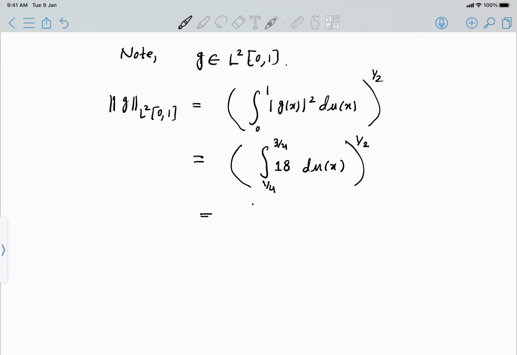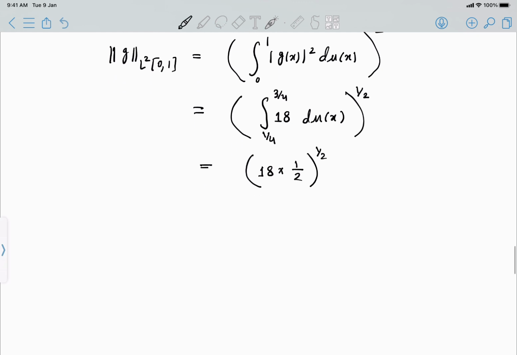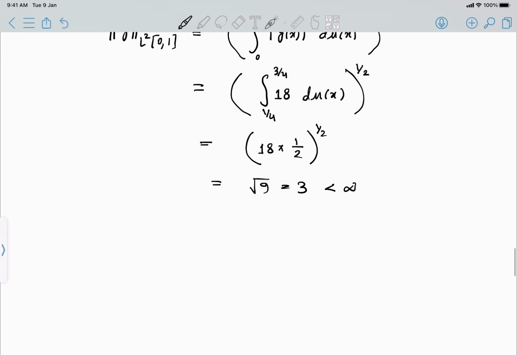Hence it will be 18 times 1/2, to the power half. So it's the square root of 9, which is 3. So this is finite, so g is in L2.